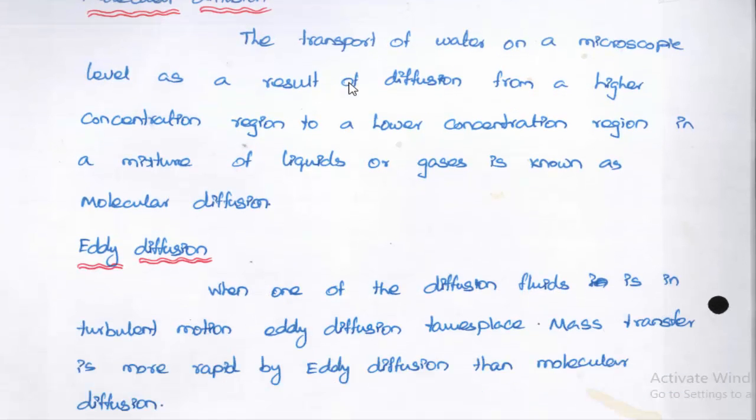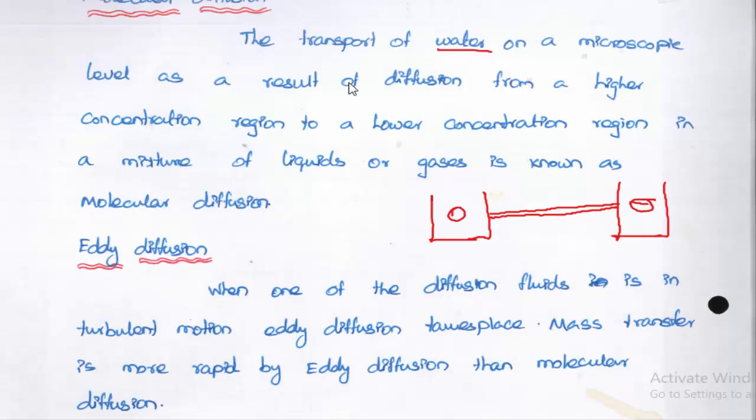Molecular diffusion is nothing but the transport of the molecules themselves, right? So I have a flask here and another flask here. I am connecting these two flasks with a thin tube, right? The molecules themselves, because of the concentration difference, are transferred through this tube from here to here, right?